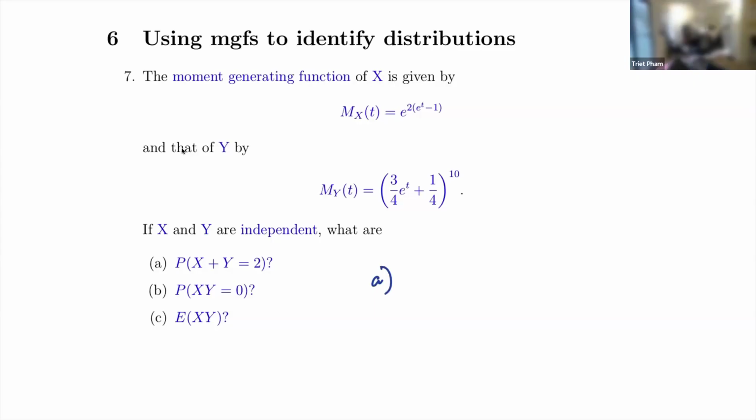How can we find this probability? Well, the answer is that you need to recognize from this moment generating function what kind of random variable X is.